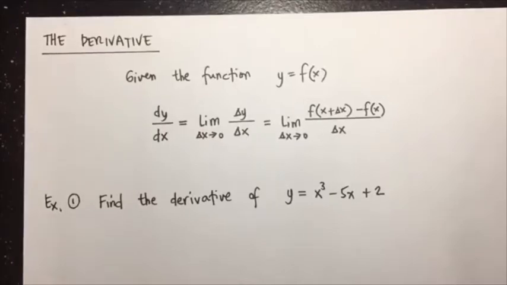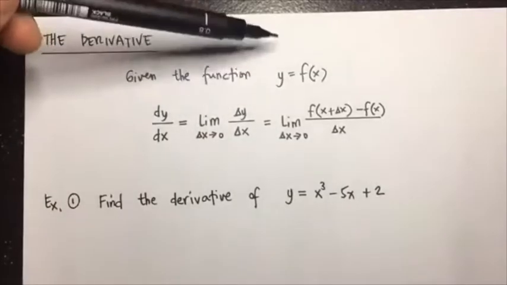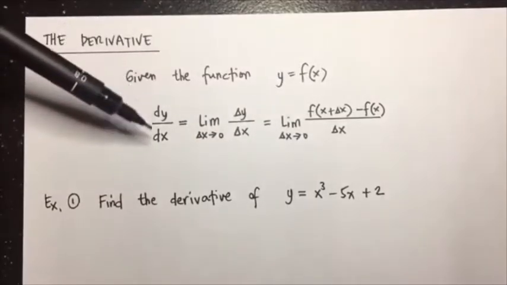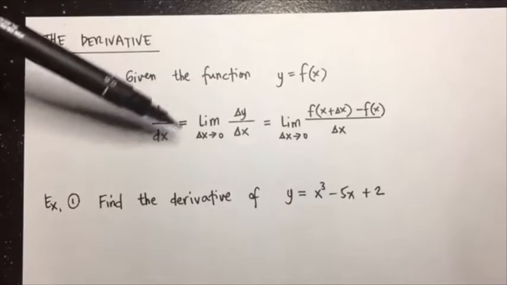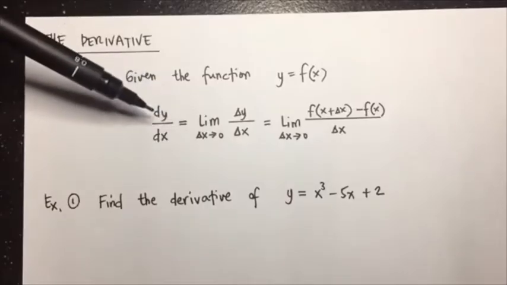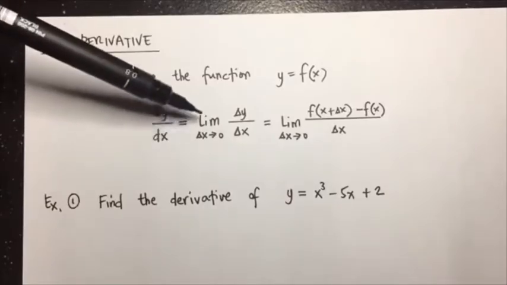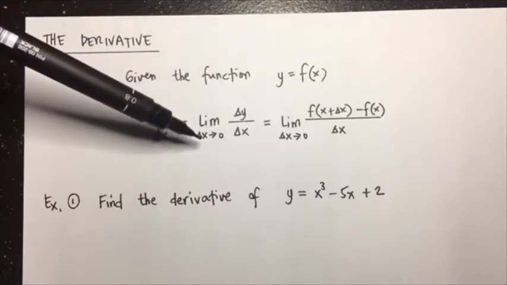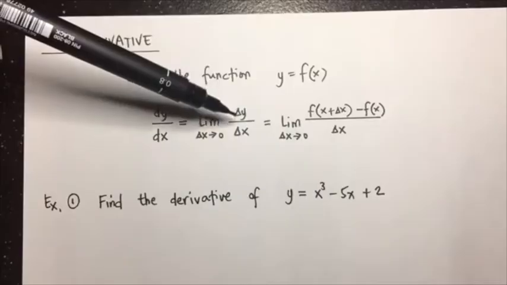Okay, so for this video, we will be discussing the derivative of a given function. So given the function y is equal to f of x, then dy over dx, which is the derivative, is equal to the limit of delta y over delta x as delta x approaches 0.